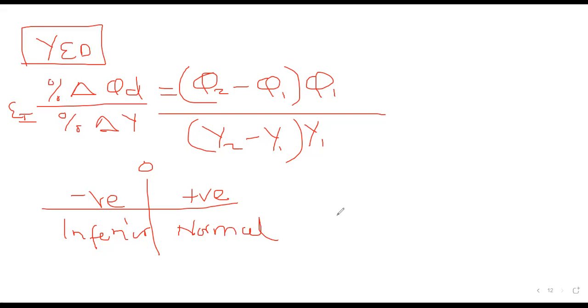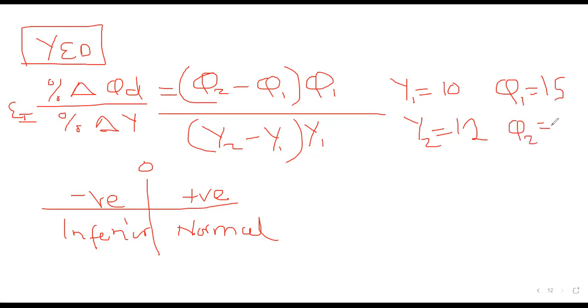So we're told that income for a particular commodity rose from 10 kwacha to 12 kwacha, causing the quantity demanded to decrease from 15 units to 10 units. What is the elasticity of income?